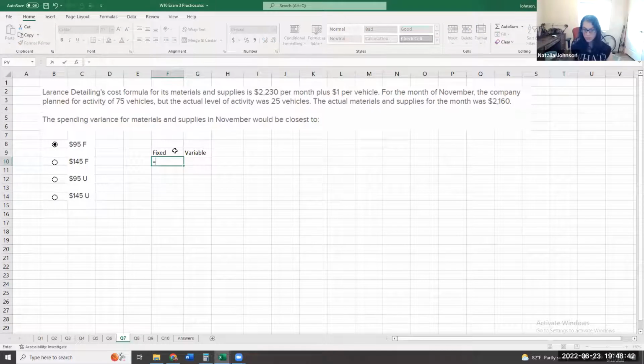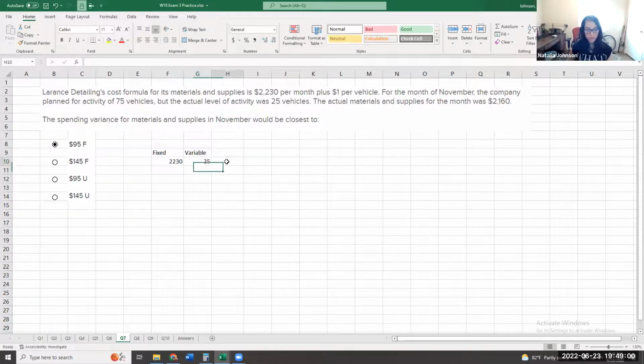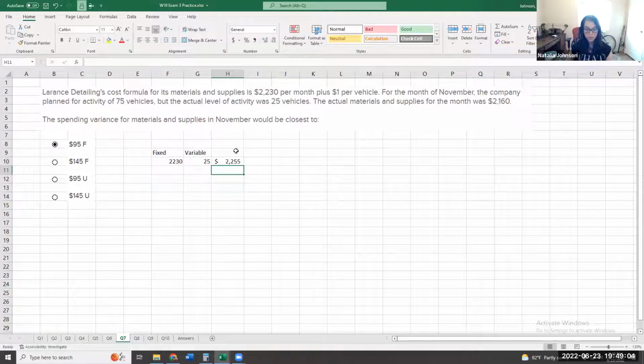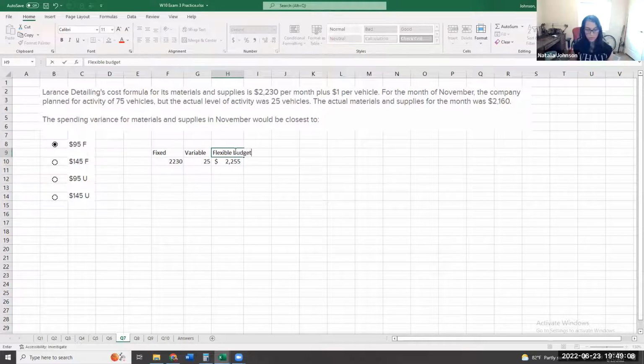So the fixed is 2,230, and the variable, because this is the flexible budget, we do the standard, which is $1 per actual level of output, so the 25 vehicles. And then we add these two. So this is the flexible budget.